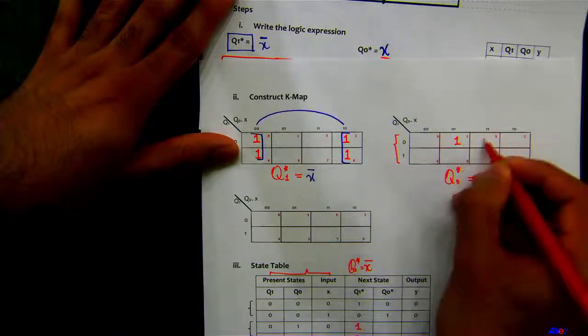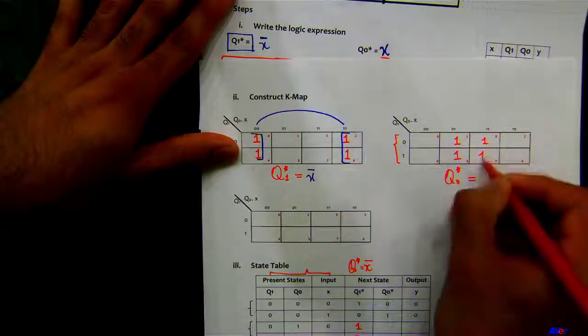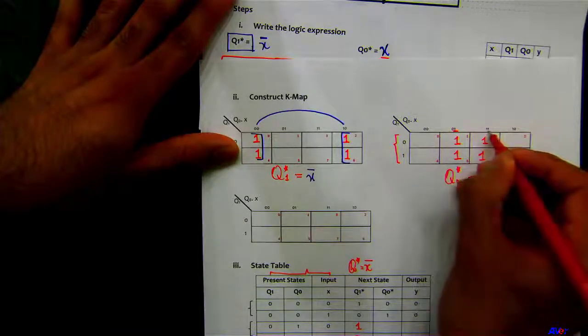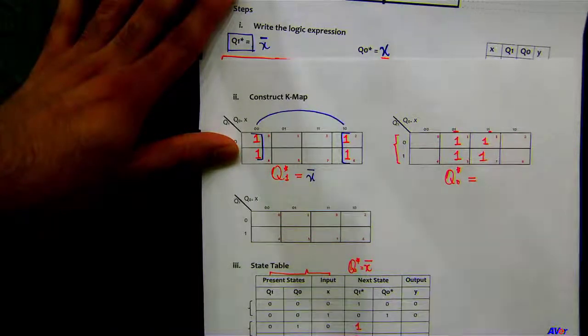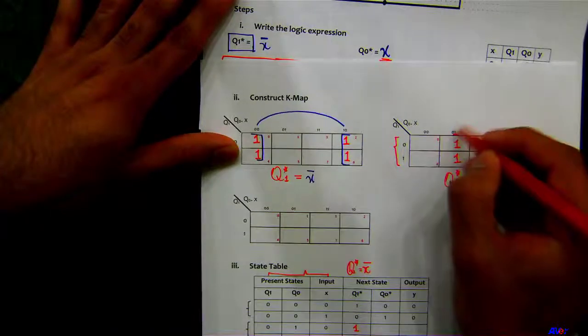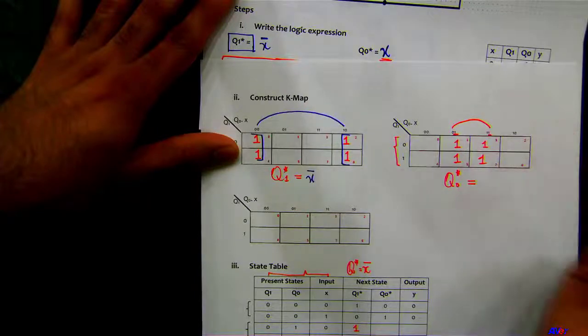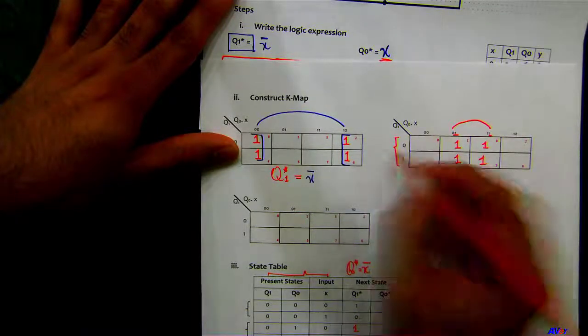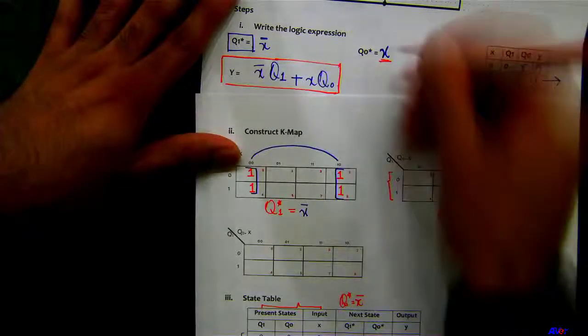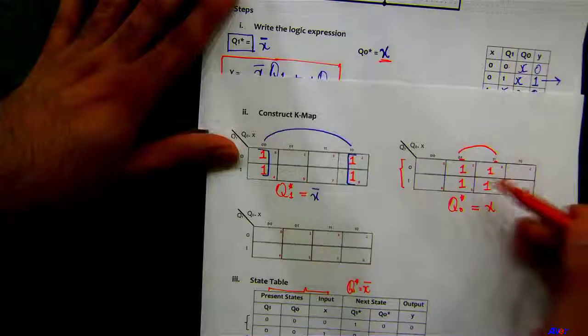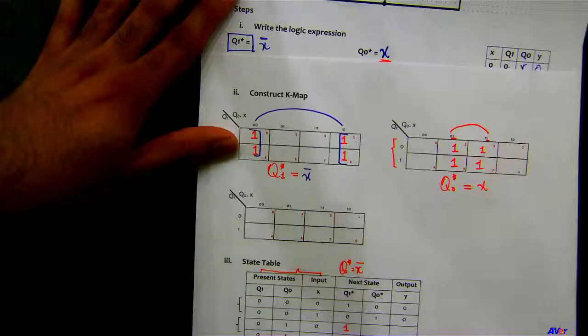If I have all these ones, because this is what X is, right? If I have all those two columns as ones, what is the expression I'm gonna get? What's the common here? X, right? And definitely we cannot find any common vertically, so it's going to be X. So I did it two ways, going from here to state table, and then from here, just putting the minterms, looking at these values right here. So you can do it whichever way you want to.